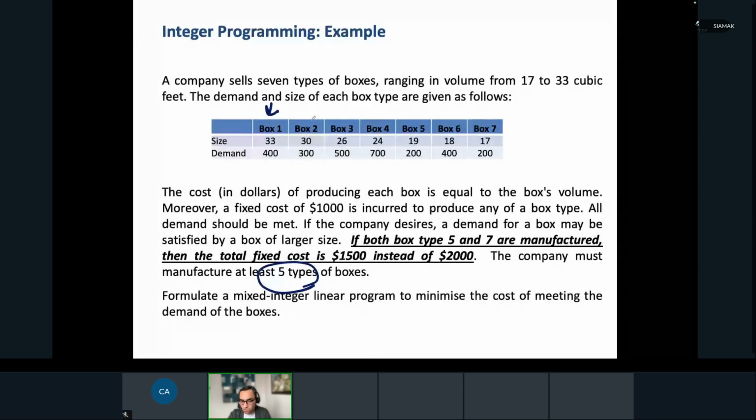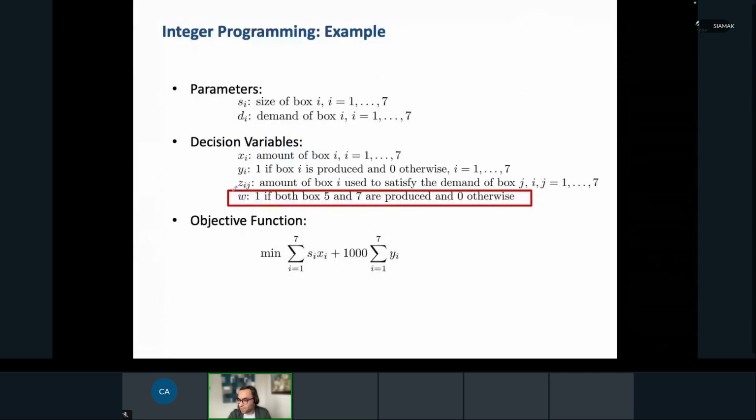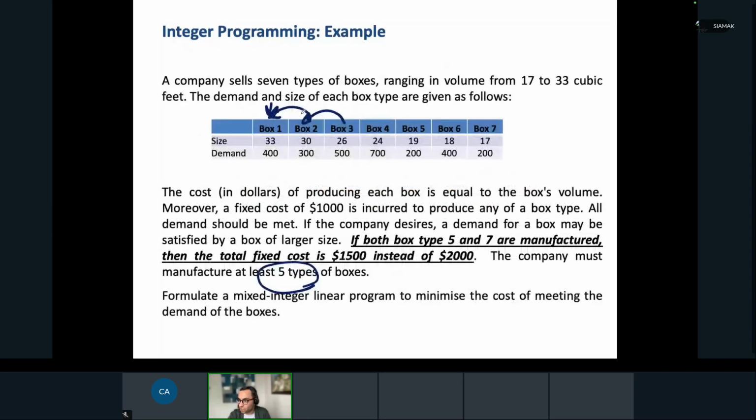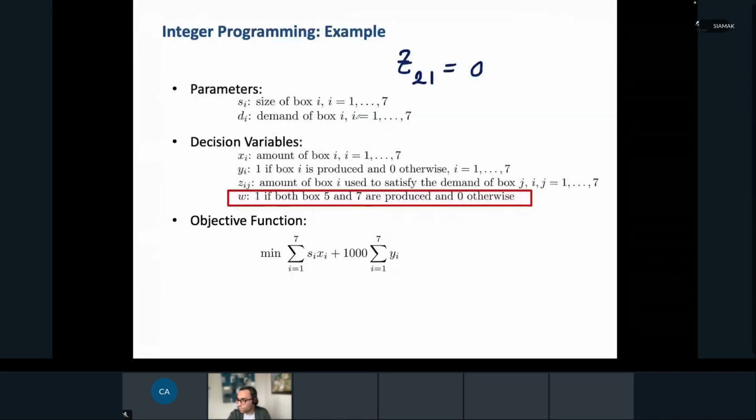So 1 can be used to satisfy 2, 3, 4 until 7, but 2 cannot be used to satisfy demand of 1. 3 cannot be used to satisfy 2 or 1, and so on and so forth. And here z_ij is box i which is used to satisfy demand of j. Essentially saying that when i is 2 and j is 1, this should be equal to 0 because you cannot use 2 to satisfy demand of 1.